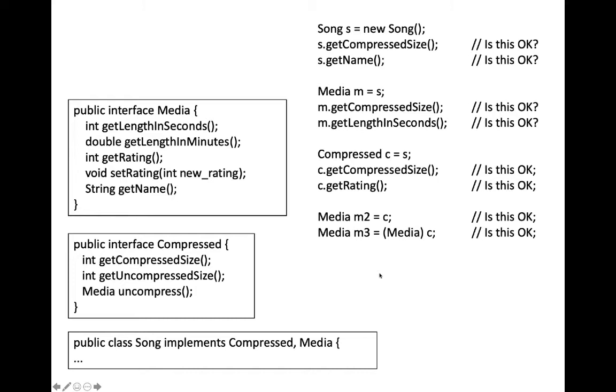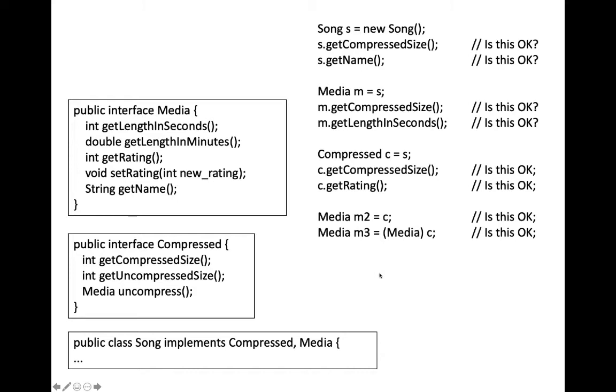But now getRating won't work, because that is part of the media part, and my reference to it is through C, which is just the compressed part, right? And so then if I take C, which was set to that song S, and try to turn it into a media, if I say media M2 equals C, that actually won't work, right?